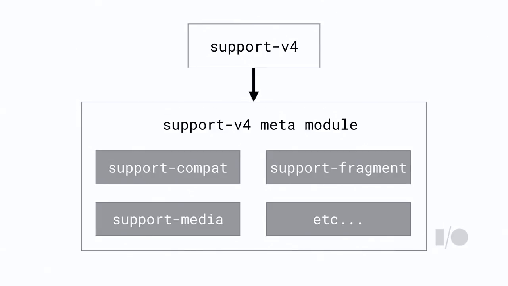Support v4.media is still support v4.media. We're going to be moving them into different modules, and we will have a meta module that includes everything under the old name. So all of the libraries that you use that depend on the package naming structure and the package names themselves, the module names themselves will be fine. We're not going to end up in a situation where you need a special version of a library dependency.